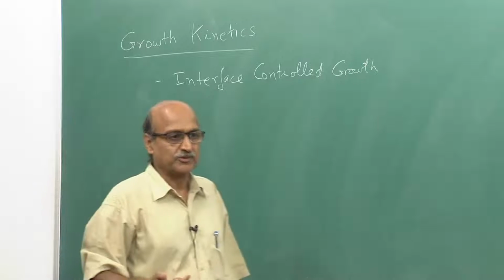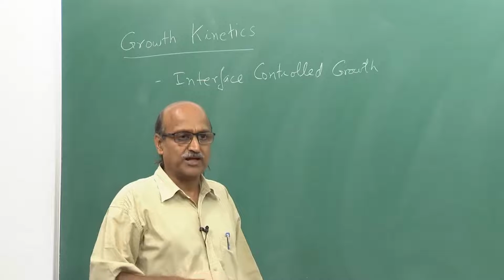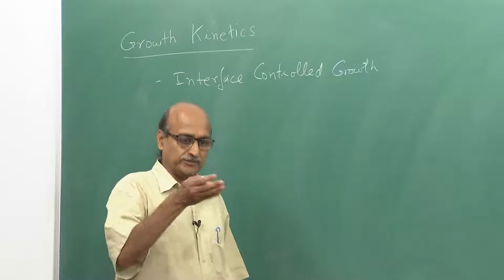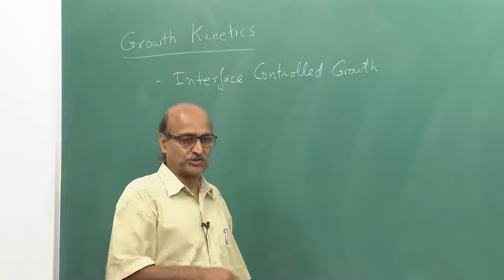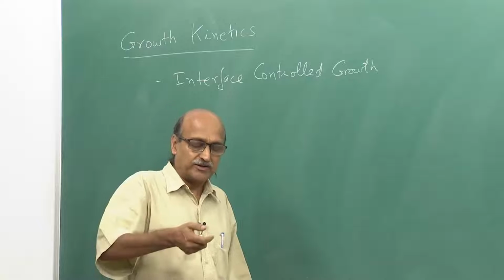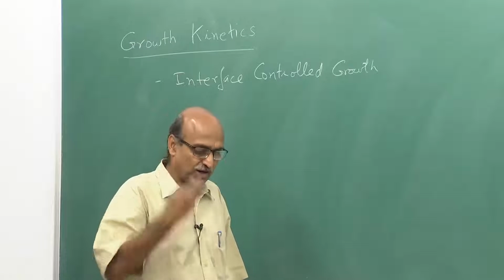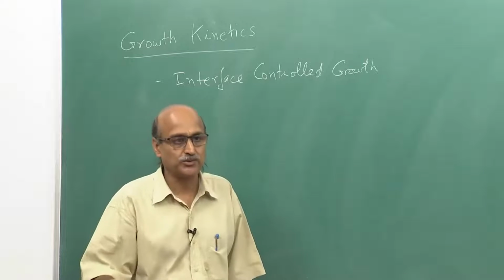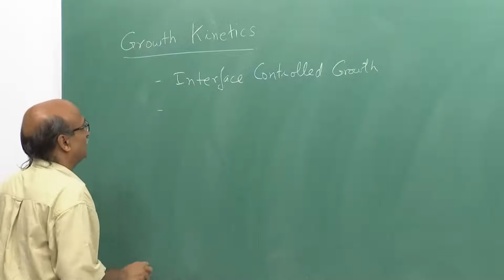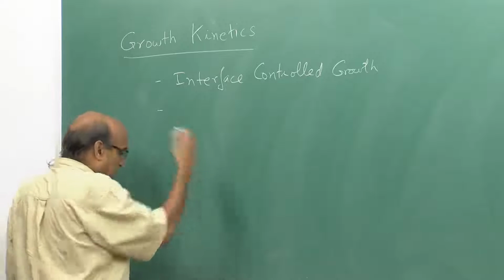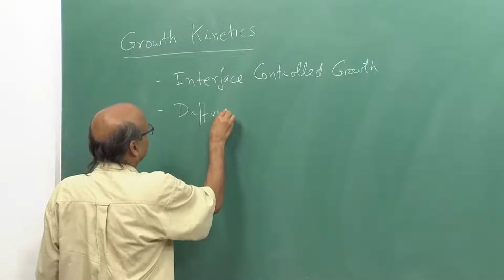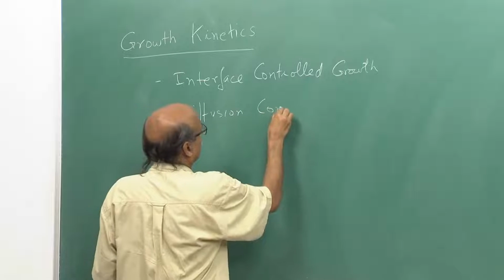In a situation where there is diffusion involved, and if the diffusion step is a slow step compared to the jump of atoms across the interface, so the barrier for jumping across the interface may be far smaller as compared to the barrier for diffusion, then the growth mechanism that is going to control is called diffusion controlled growth.